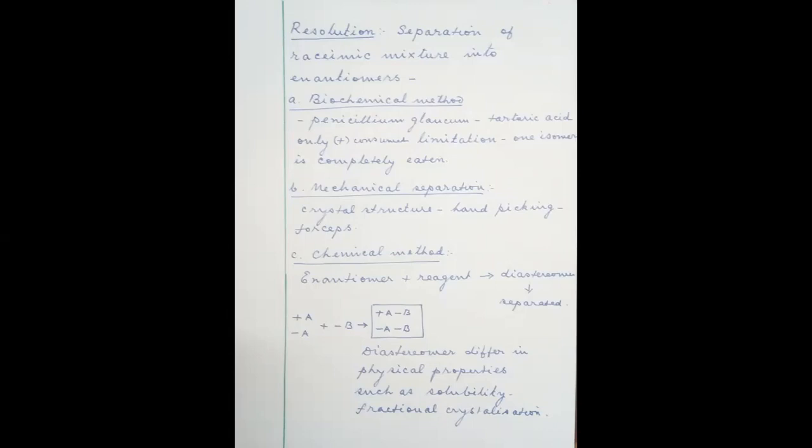So after the plus tartaric acid is completely eaten by Penicillium glaucum, what remains in the solution is only the minus tartaric acid. But the main drawback of this method of resolution is that half of the material is completely lost because it is completely eaten away.